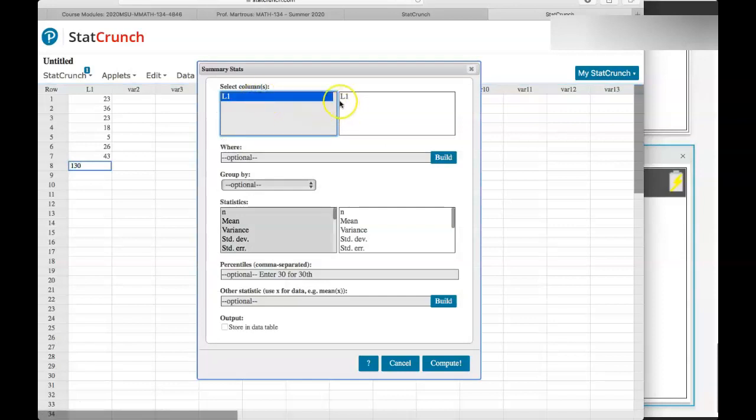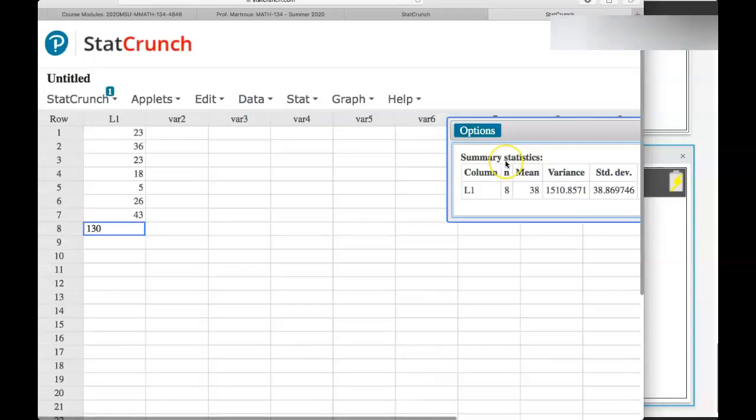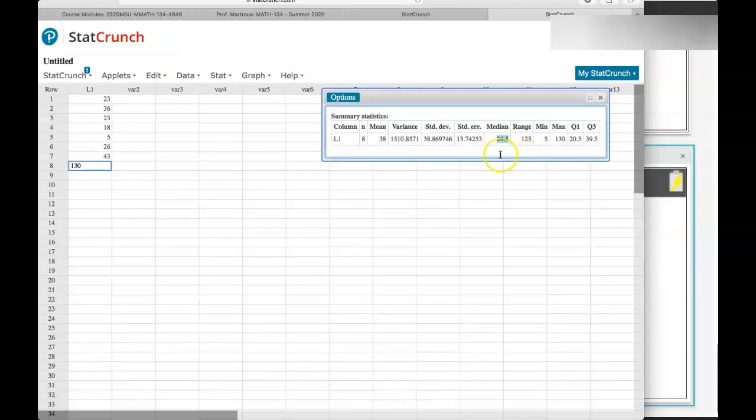Choose that one. You should have L1 here. Then Compute. Now let's see what this one is. Mean we got 38, so we have the same answer on this board. Median is 24.5, exactly the same thing.